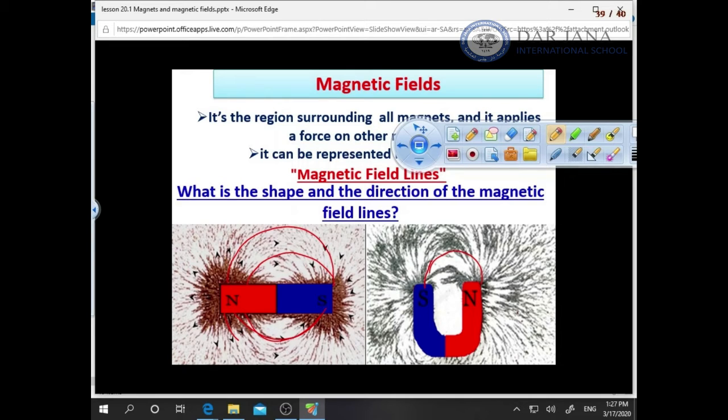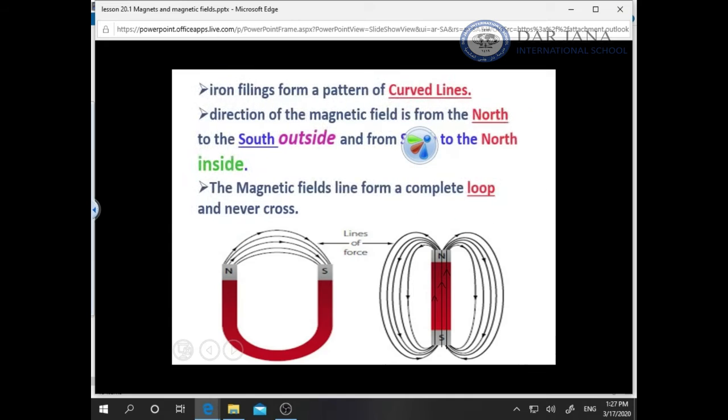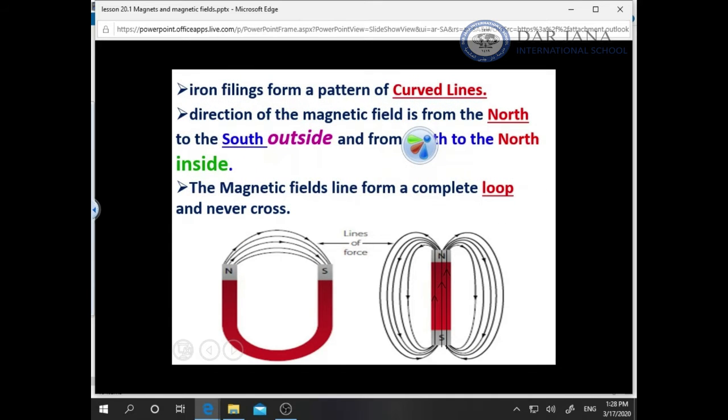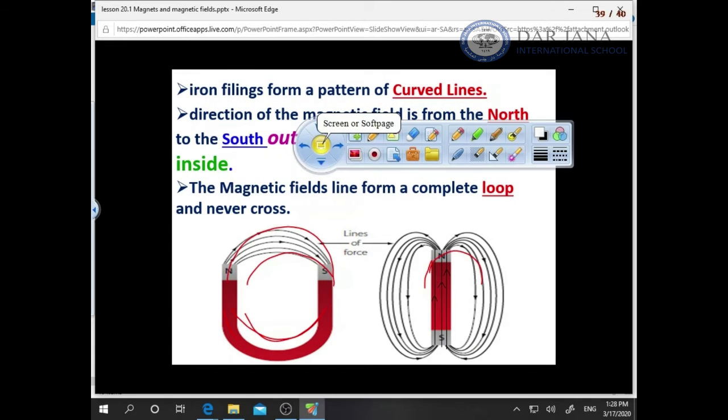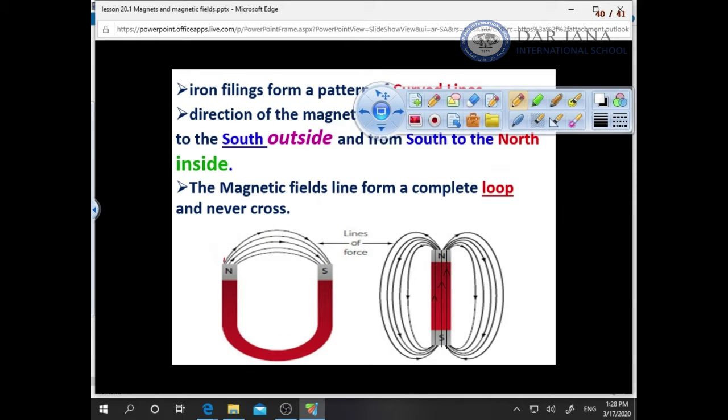The direction of the magnetic field lines is from north to south. As you can see here, the direction of the magnetic field lines is from N to S outside the magnet, and from S to N inside the magnet.